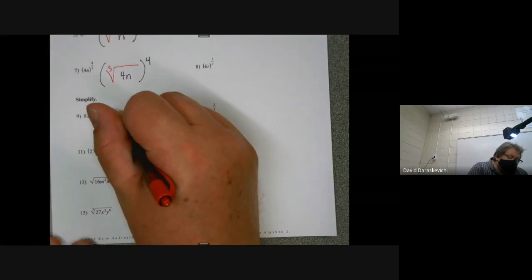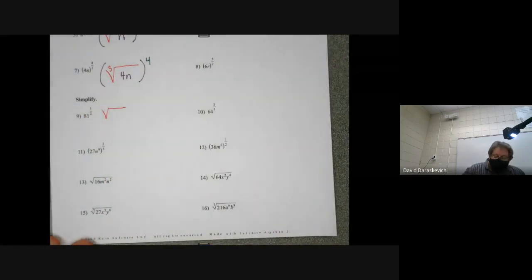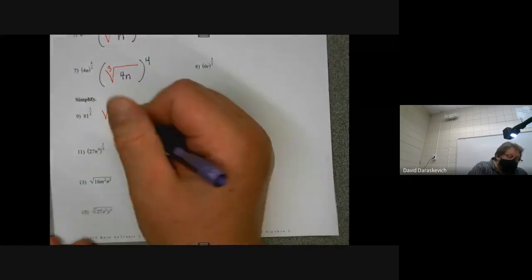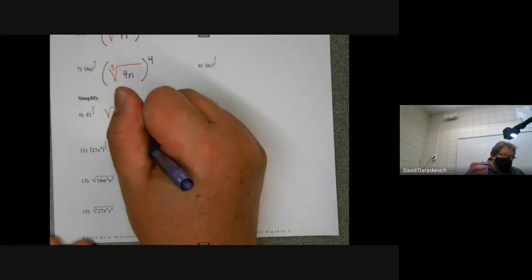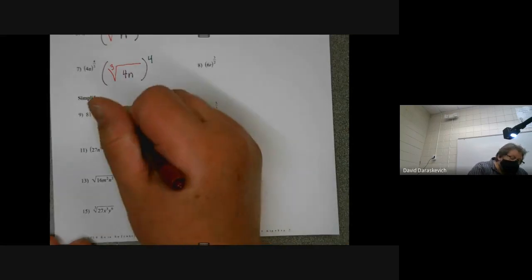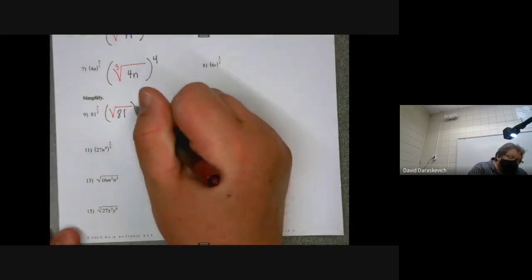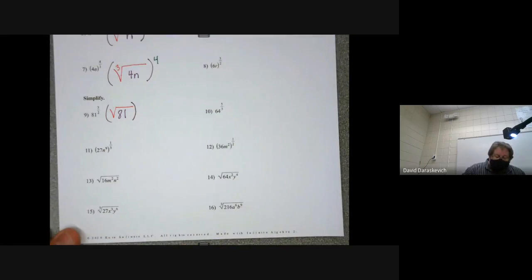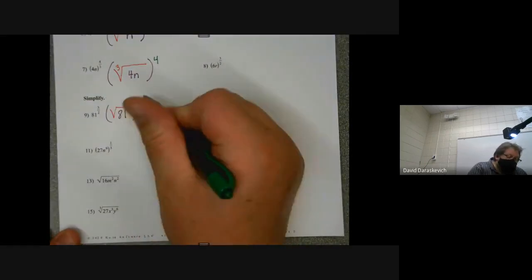Base 81. Root is 2. I don't need to really put a 2 there. You could put a 2 there if you want. And then my exponent is the numerator 3.